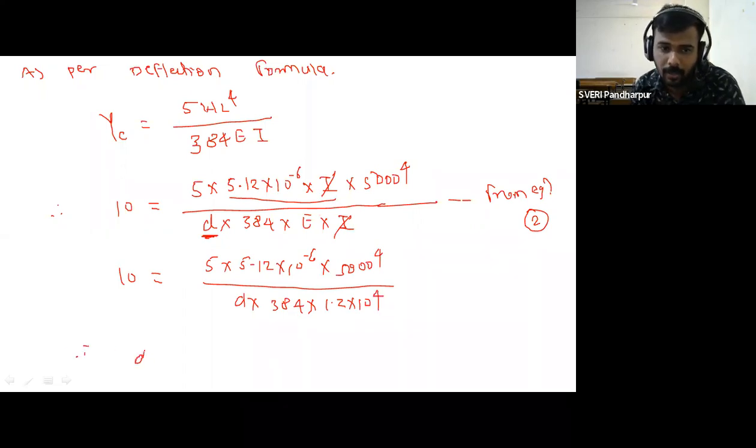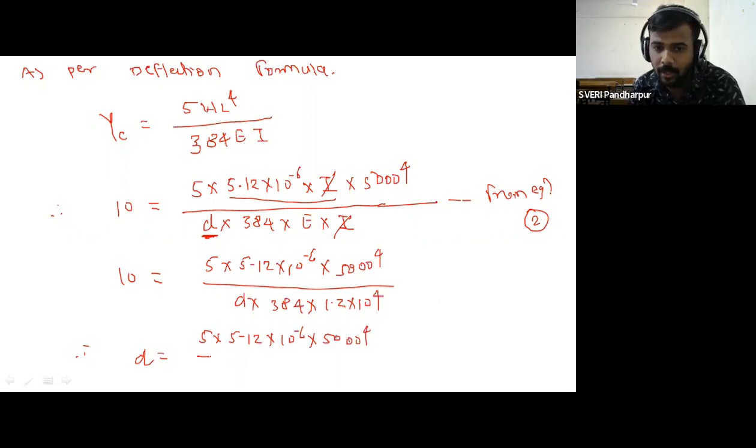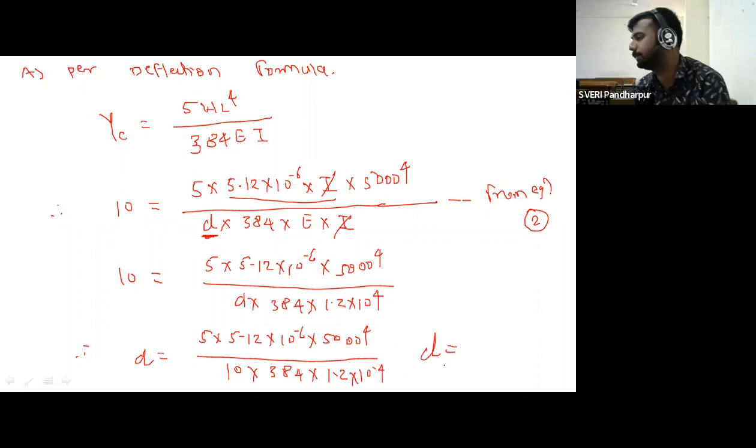Now D is equal to 5 into 5.12 into 10 raised to minus 6 into 5000 raised to 4 divided by 10 into 384 into 1.2 into 10 raised to minus 4. So this gives the depth of the section. Do the calculation properly and tell me the answer.